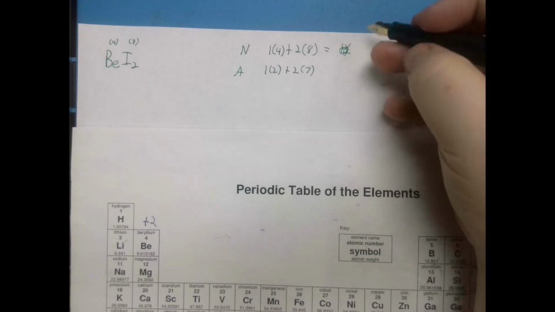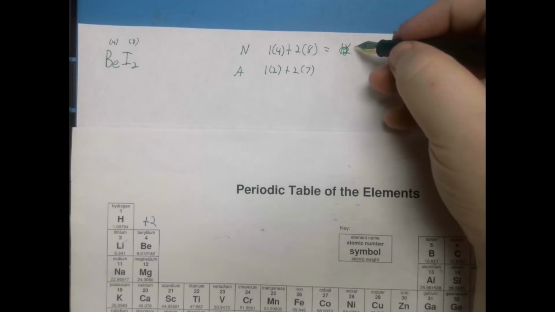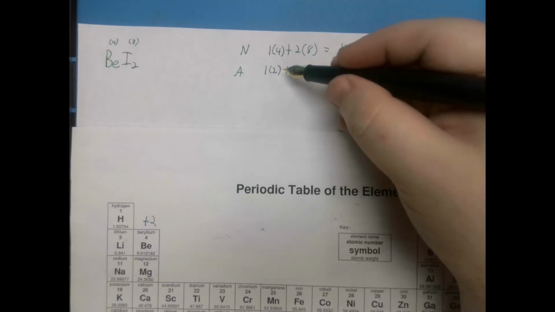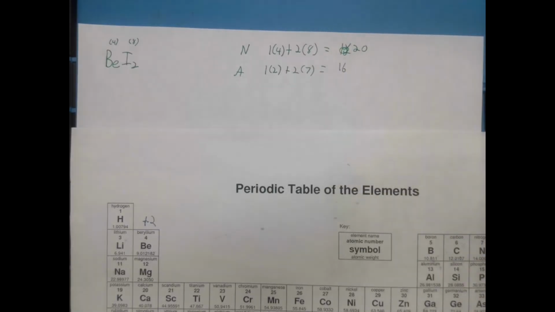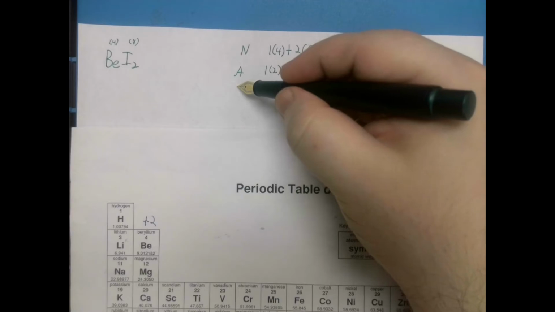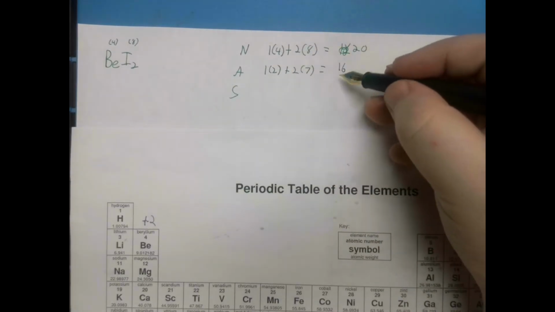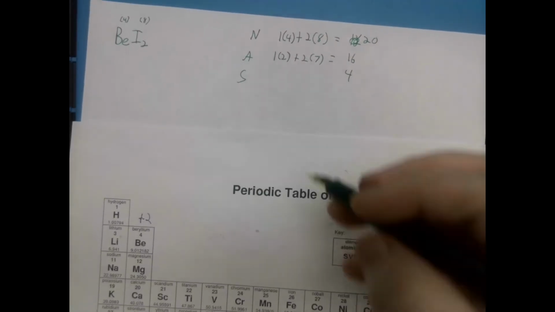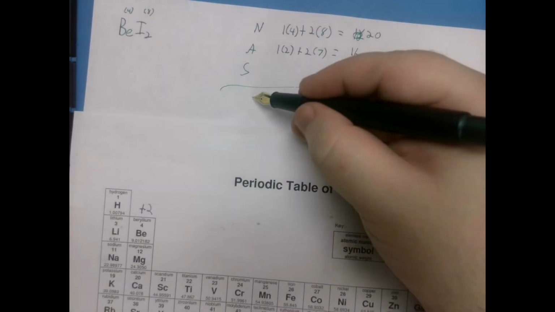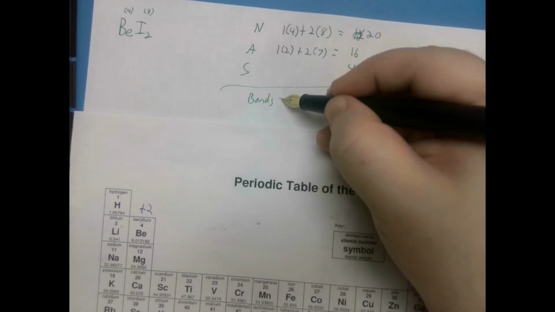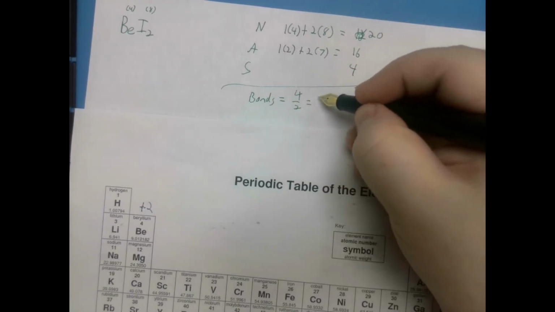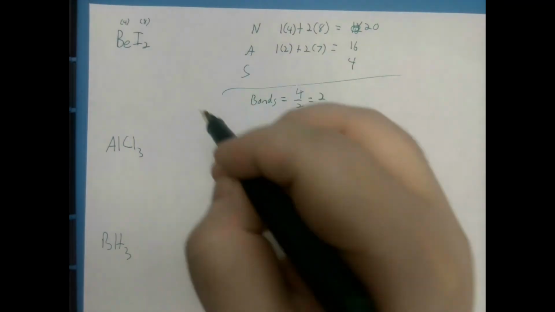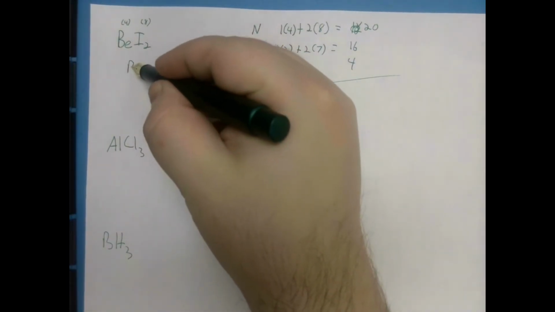That's 16 plus 4, which is 20. And 14, that'd be 16. And then the shared is going to be 20 minus 16, which is 4. And thus, using this, we can see that the number of bonds is equal to 4 divided by 2, or 2 bonds. So we're going to just have 2 bonds.